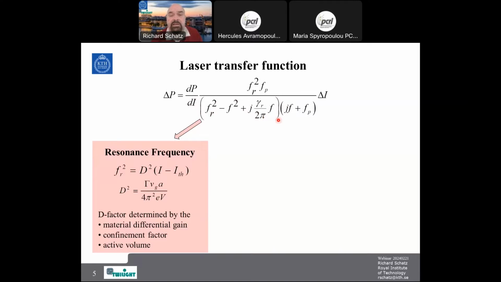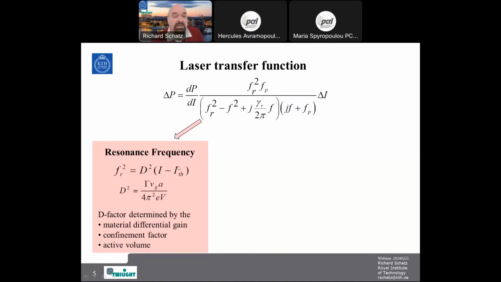Then you also have electrical parasitics that give another first order parasitic roll-off here. So this laser transfer function very well describes a conventional semiconductor laser.